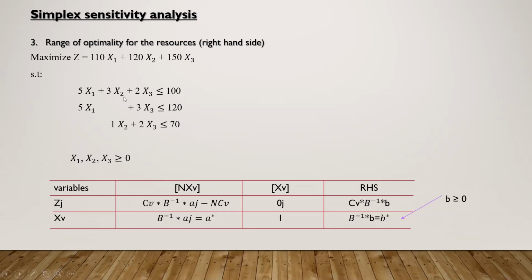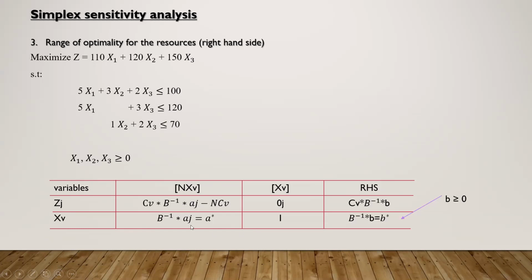When we start up the range of optimality, any change in this scenario will affect the values for x1, x2, and x3, and also the state variable z. Whatever happens in your right-hand side, there will be an effect on the state value and its decision variables.